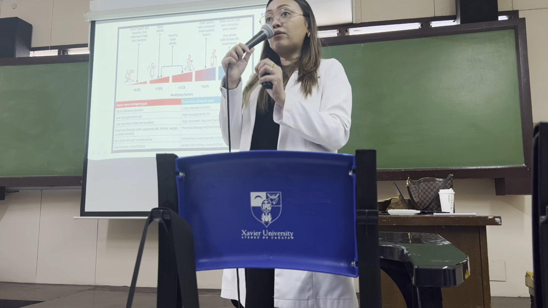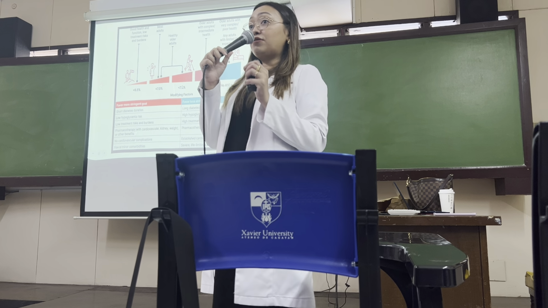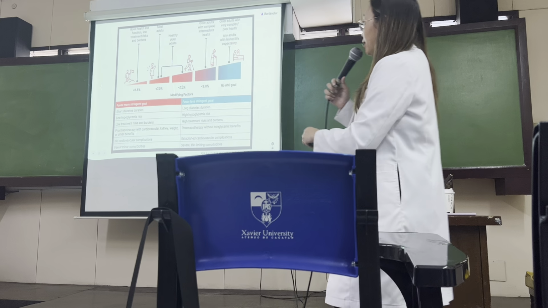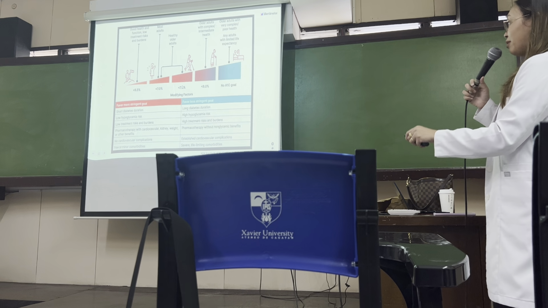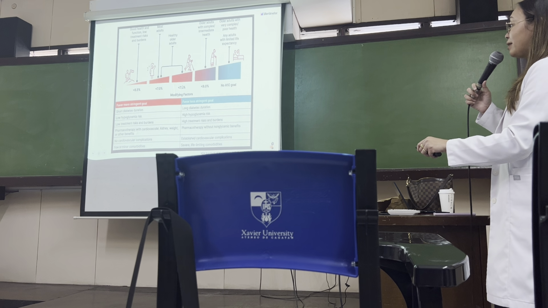You are okay already with an A1C of 7.8%. For healthy older adults, 7 to 7.5%.